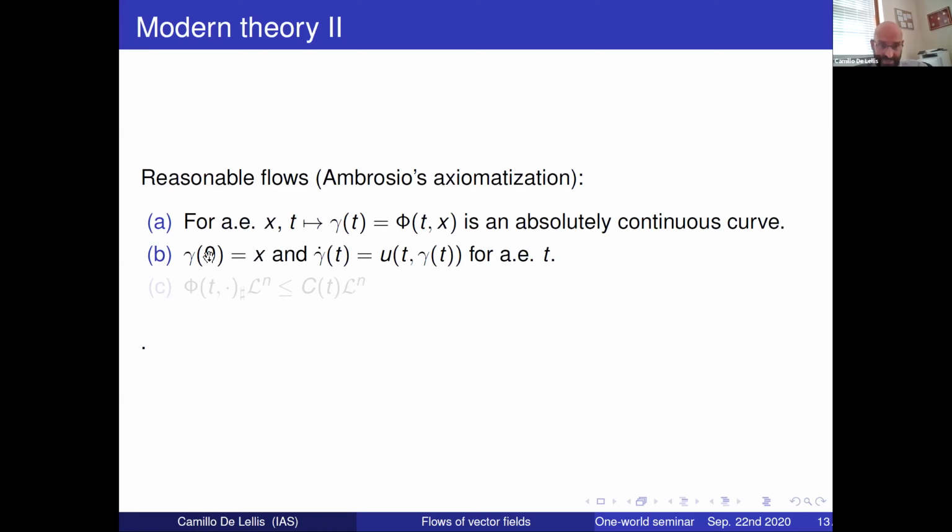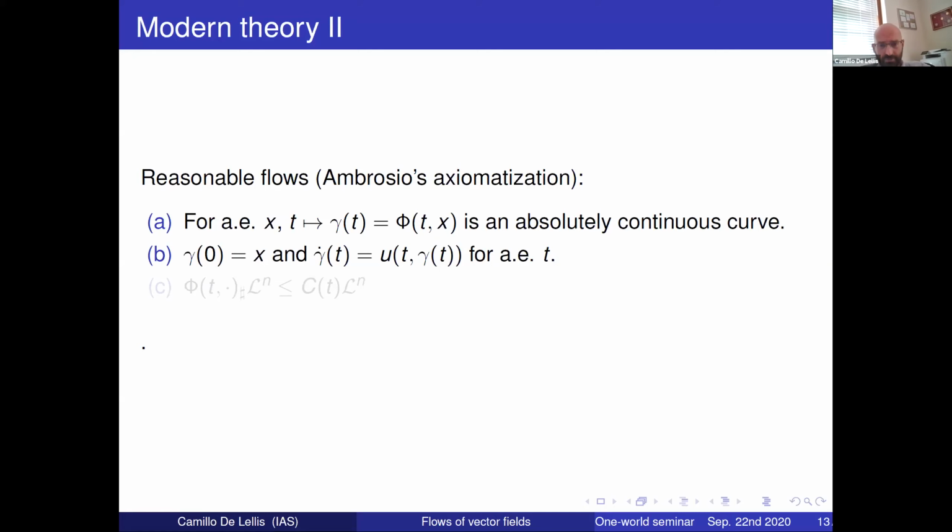We prescribe that it starts at gamma of 0 equal to x, and then we prescribe that the ODE is satisfied for almost every t. Now you see that I actually want absolute continuity. If I had required only differentiability at almost every time, I would have the obnoxious situation of having, for instance, jump functions which have a pointwise derivative that vanishes almost everywhere, but which are not constant. So absolute continuity prevents this kind of degeneracy.